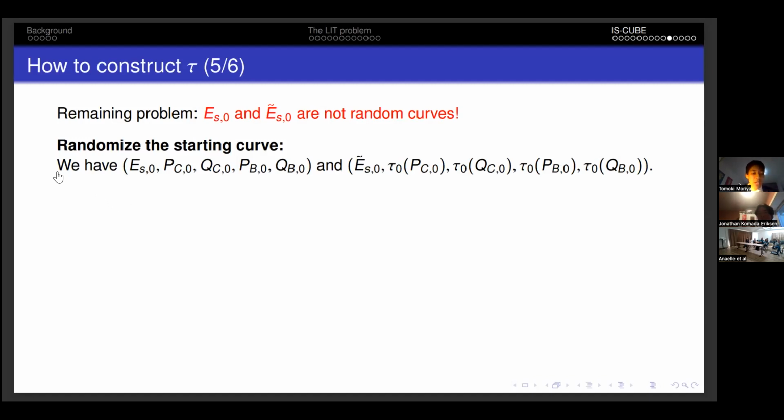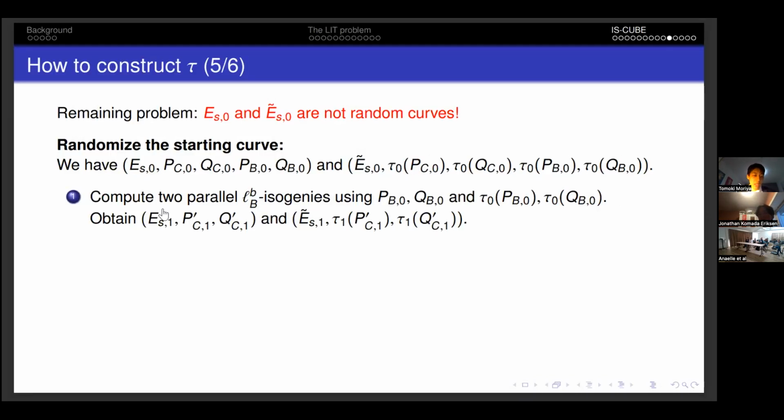At the beginning, we have these points: E_S0 and P_C0, Q_C0, and P_B0 and Q_B0, and the images under tau 0: tilde E_S0 and tau 0 P_C0, tau 0 Q_C0, tau 0 P_B0, tau 0 Q_B0.